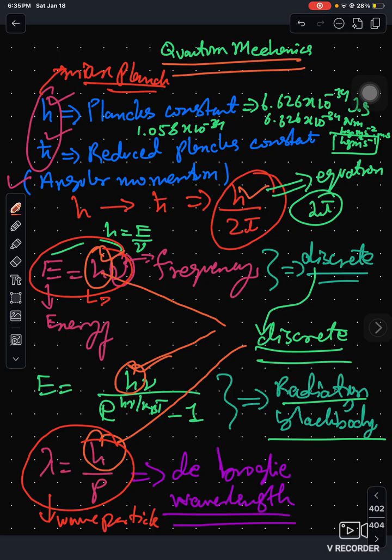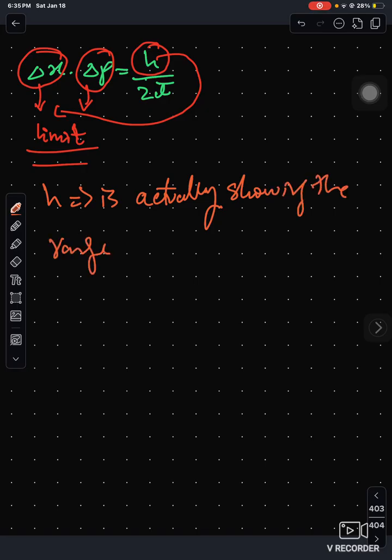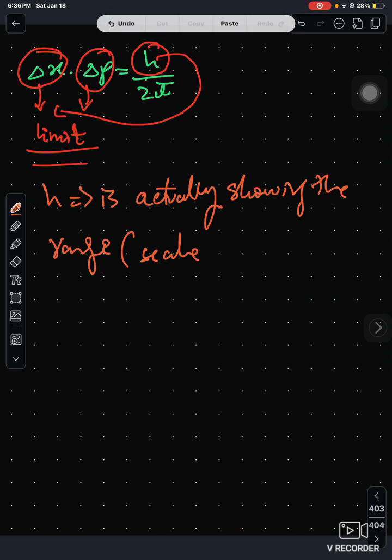So we can say h limits the scale. H is actually showing the range or scale level.